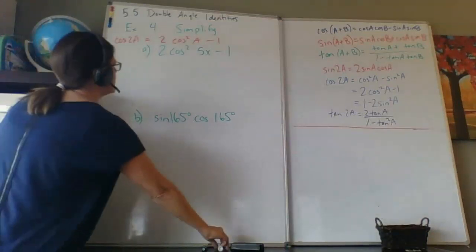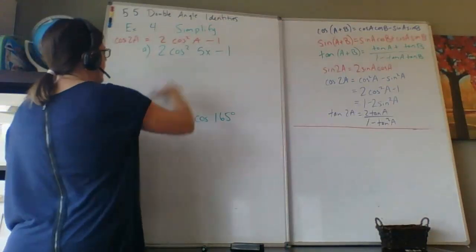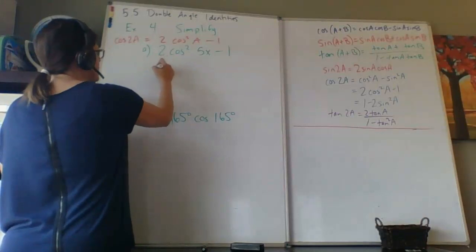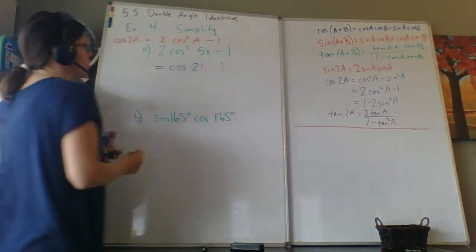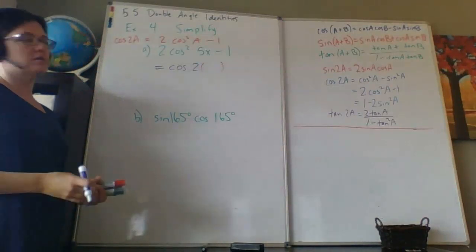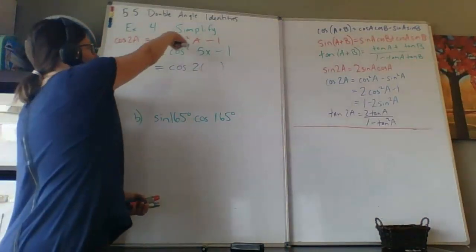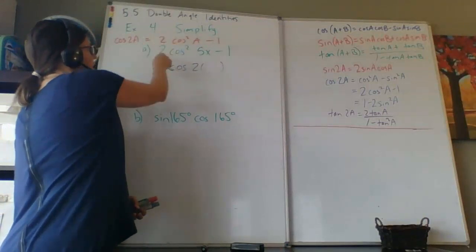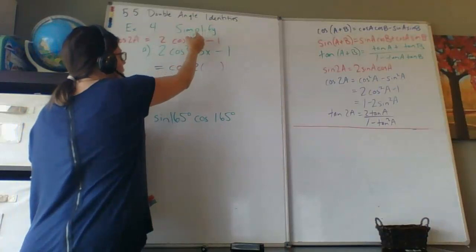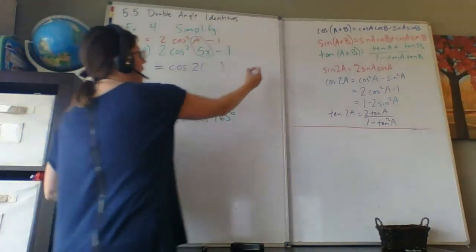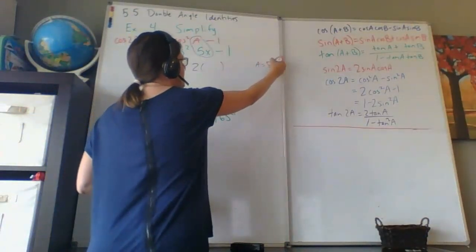So what that tells me is that this expression can be written as the cosine of 2 times something. But I have to figure out what that something is. That's why I like to line them up carefully so the 2's match, the cosine squareds match, and now we can see that a is 5x.